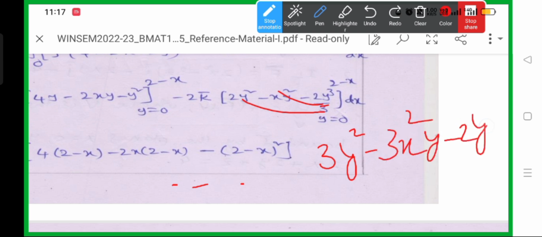Then integration of dx. We have the limits y equal to 0, y equal to 2 minus x. First we have to substitute the value of y as 2 minus x. Wherever you find y, you have to substitute the value 2 minus x.